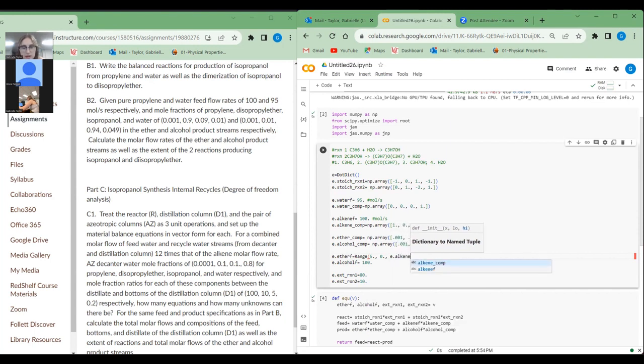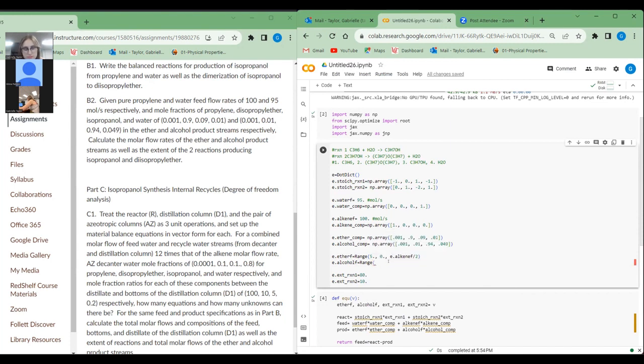Alkene. And this is just going to be the flow, not the composition. Then we're going to divide by 2, because this is the largest it can be, right? It can't be the alkene flow; it could be at most half the amount.